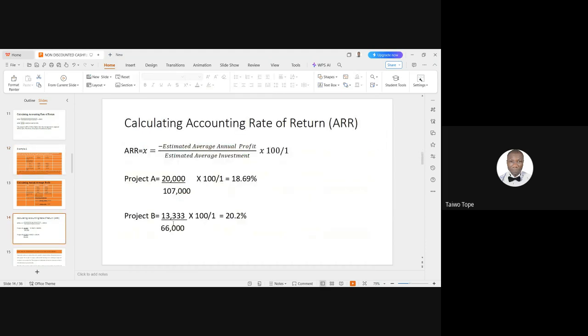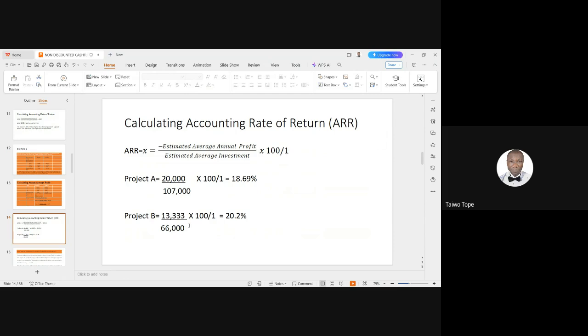So which of the projects is giving us a higher value? It's project B. So projects A and B produce ARR, but project B's ARR is a little bit greater than the management targeted ARR of 20%, because we have 20.2%, although approximately 20%.